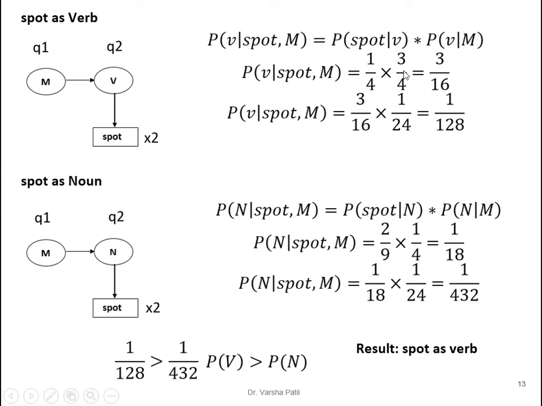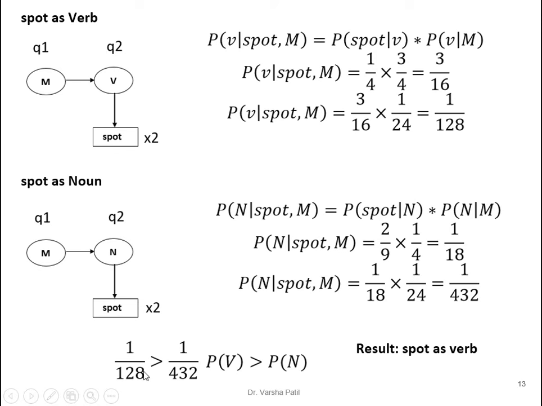Now this is the same: how many times spot, probability of spot given V, and how many times after the modal verb a verb is coming, probability of spot given N, and how many times after modal verb a noun is coming. So we are getting this answer, and it is very important to multiply the previous answer because the modal verb comes with the probability of 1 by 24. Now here we are getting 1 by 128 and 1 by 432.